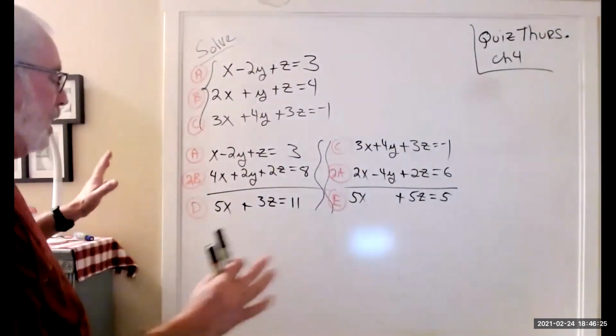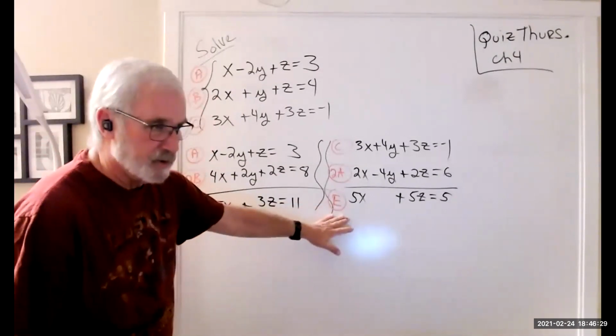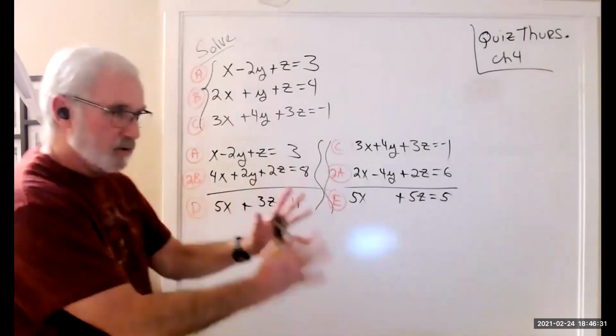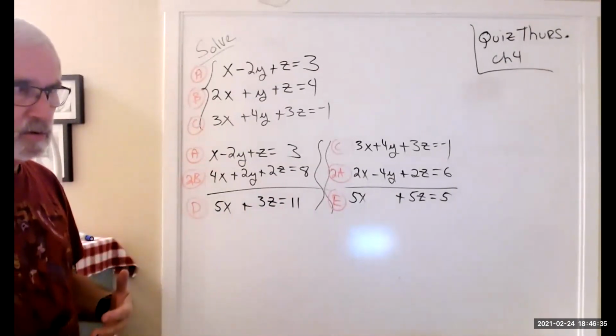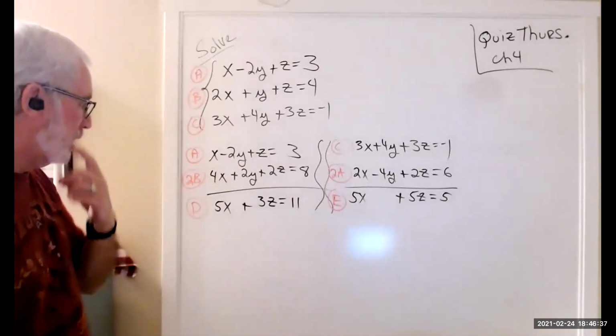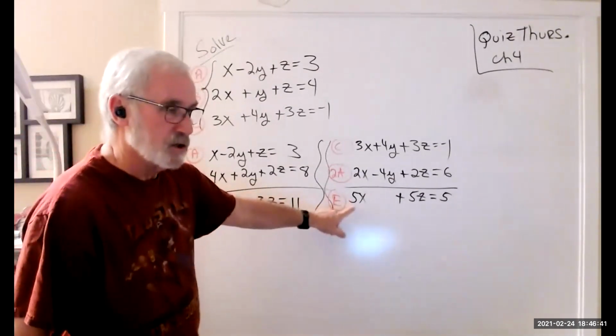So now I want to somehow put D and E together, and eliminate a new variable. Well, this is cool because these are both 5x's.